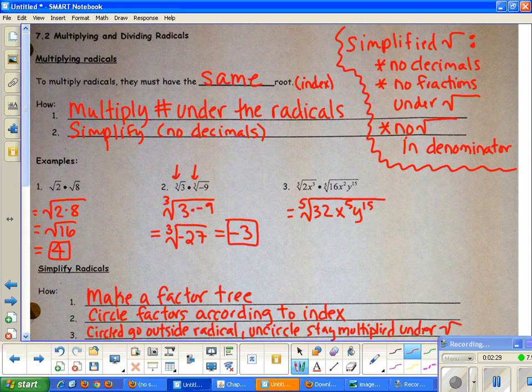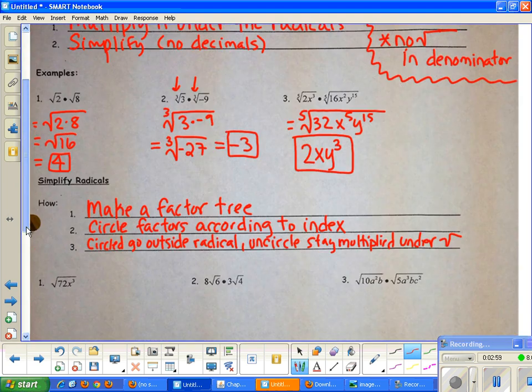If you do the fifth root of 32 in your calculator, remember we showed that yesterday, that's going to be equal to 2. How many x's can we take out? Well, we have one group of 5 x's, so that means we can take out 1 x, or 5 divided by 5 is 1. And then we have 3 groups of 5 y's, so that means I can take out y to the third, or 15 divided by 5 is 3. So 2xy cubed.